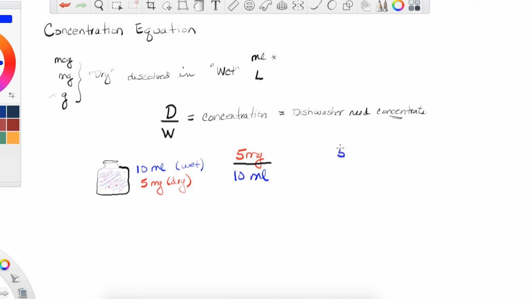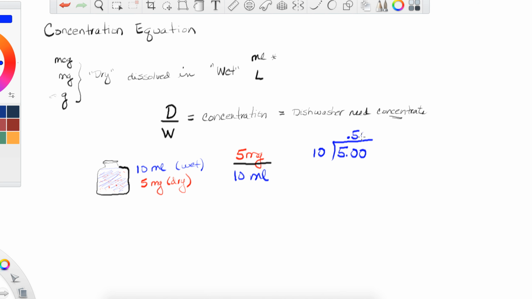And 5 is a whole number, right? So if we take this 5 and divide it by 10, we can see that 10 won't go into 5. So we're going to bring the decimal directly above it because we know that 10 will go into 50. So 10 goes into 50 5 times.